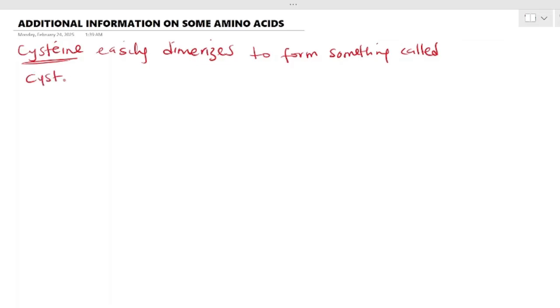Again, the pronunciation is not as important as the chemistry. So we'll quickly look at a reaction on how cysteine can be dimerized to cystine.